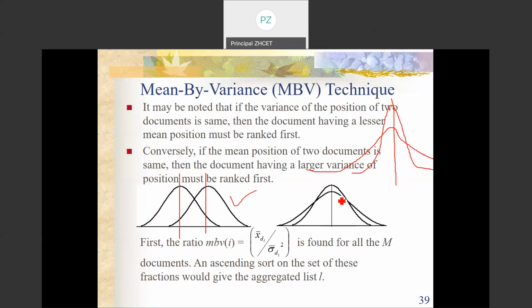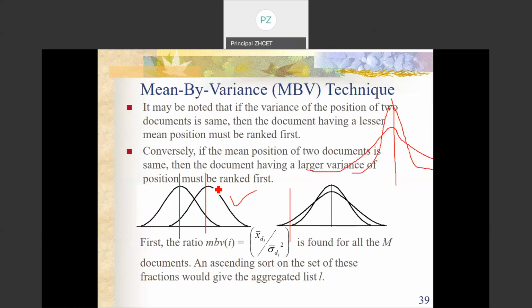Then coming to variance, the one which has got higher spread will have better occupability at earlier positions because its spread is more. So lesser the variance, more pointed it would be, or more belongingness it would have at its mean position. And higher the spread, it will have lesser belongingness at its mean position and higher belongingness earlier.